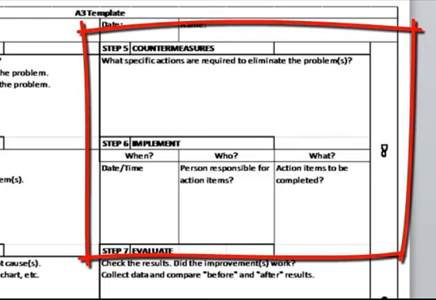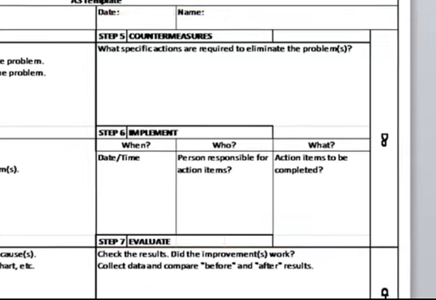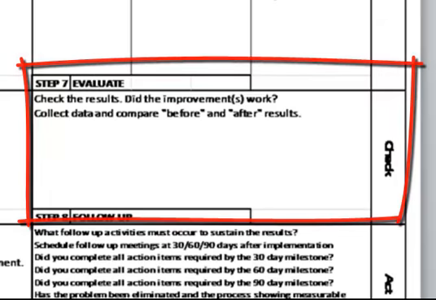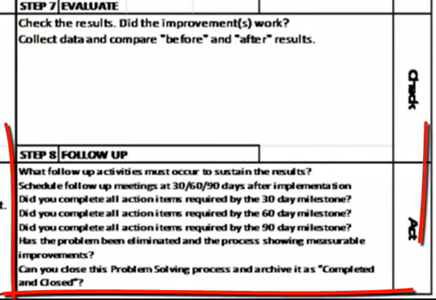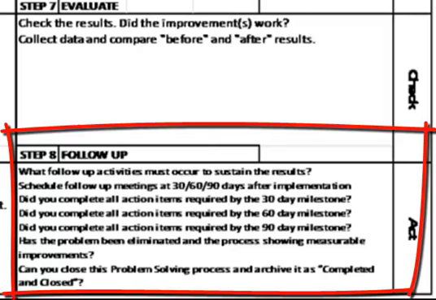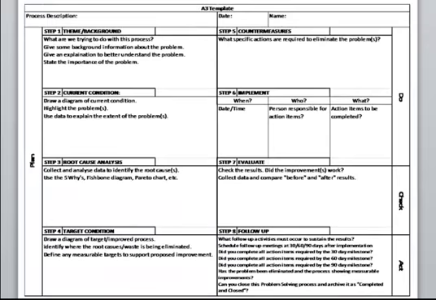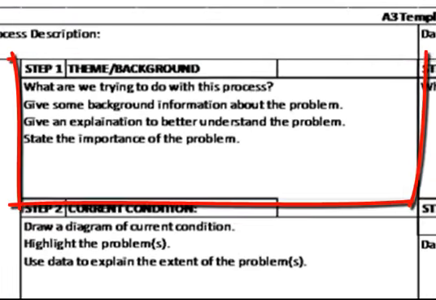Step 5 and 6 is the do element of it. This is what you have to do in order to execute the plan. The step 7 is the check element of it, and then the step 8 is the act or the action part of it. And we'll go through each of the steps in turn just to give you a better overview of that. So let's start with step 1.